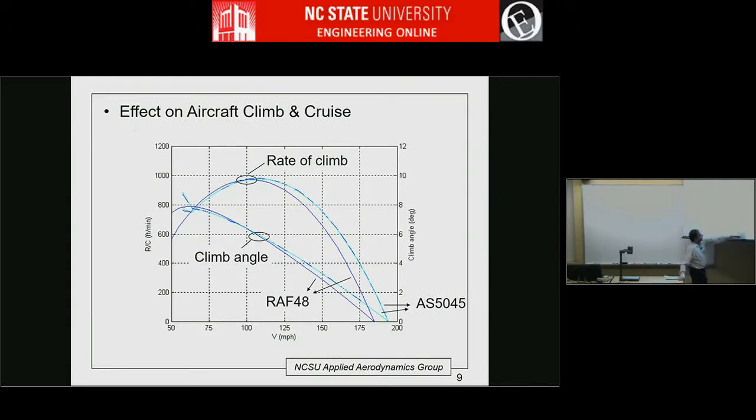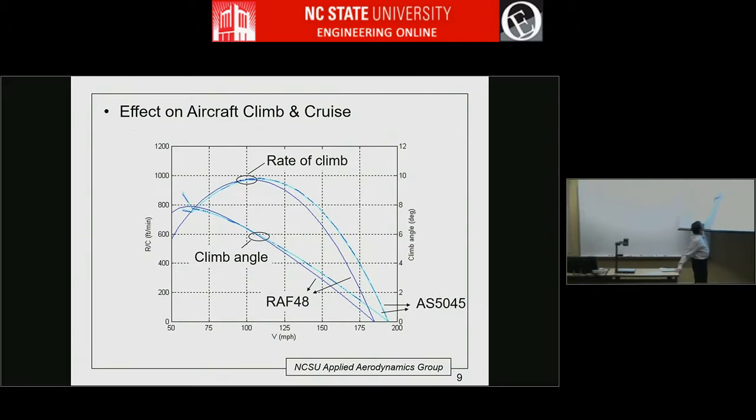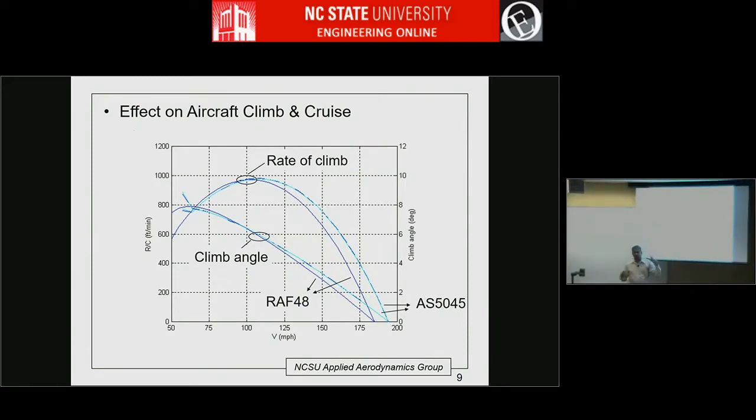And you can see that the top speed, so this is velocity, rate of climb, and when rate of climb becomes 0, that's your top speed. So the top speed was projected to go up by something like 10-15 miles per hour. But there is a small reduction in climb, like here, but that is pretty insignificant because in these regions, induced drag is a big player, right?